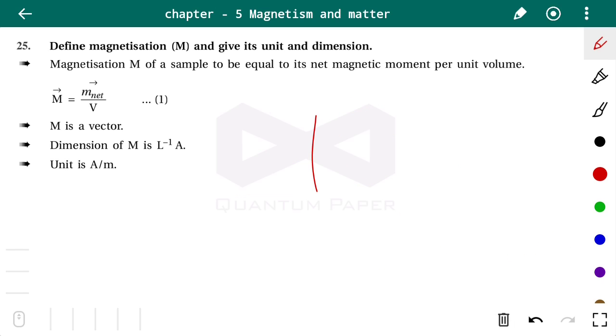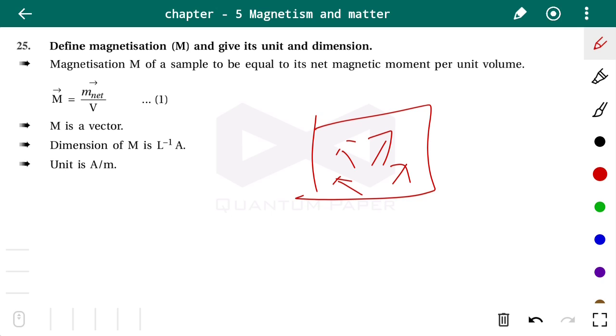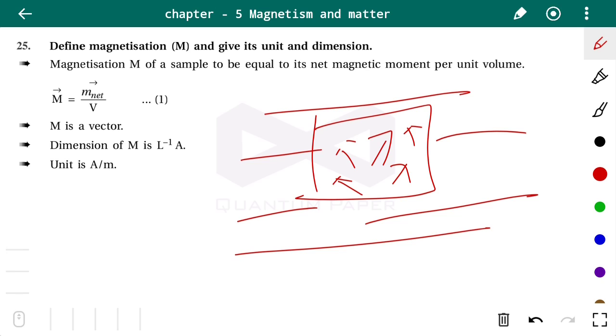But what happens when we take this specimen, in which the magnetic moments are randomly aligned, and place it in an external magnetic field? The external field provides force to the magnetic moments, and the magnetic dipole moment tries to align itself in the direction of the magnetic field.